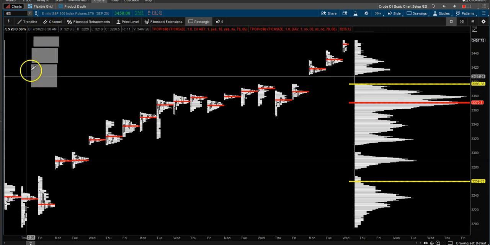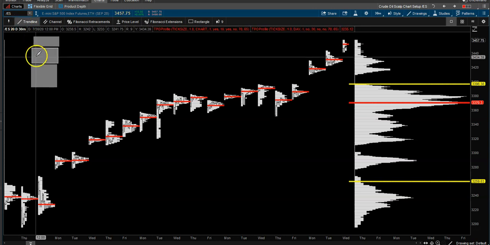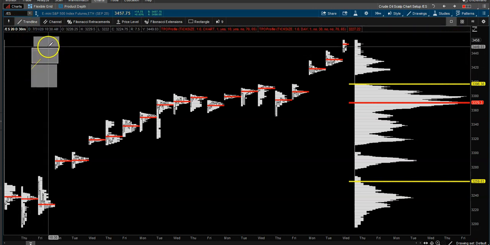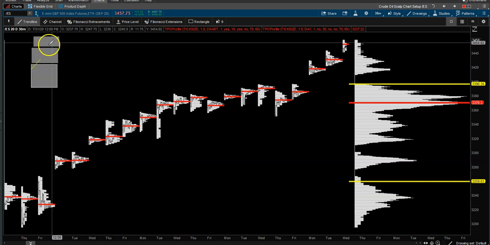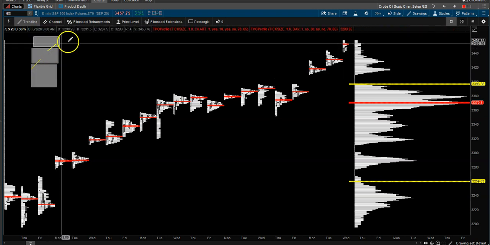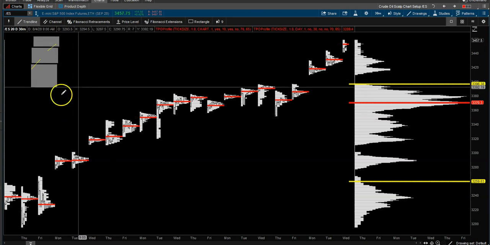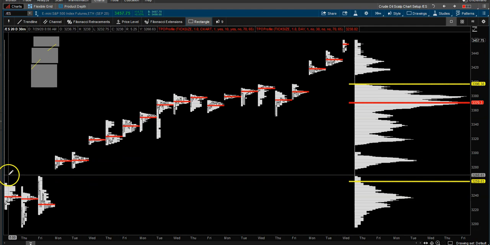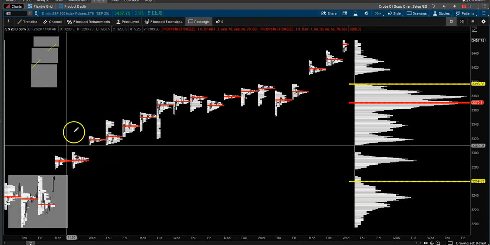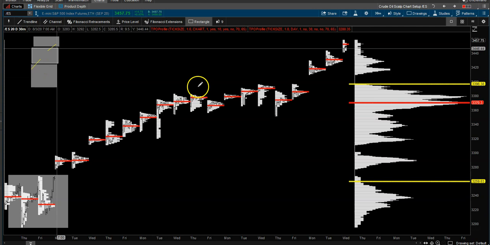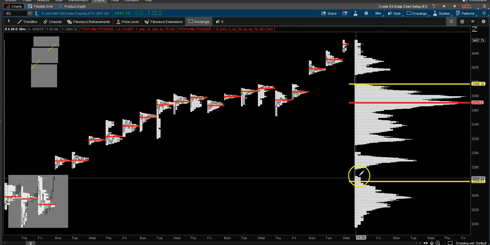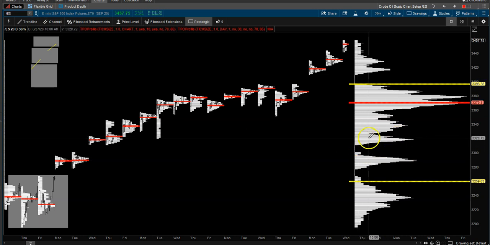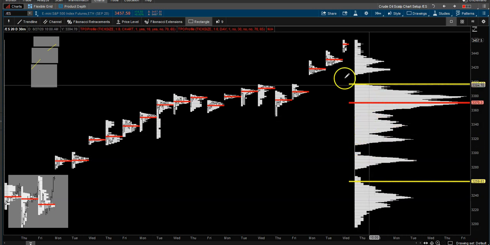To get to each level, you need to take an escalator or stairs, right? So think of it this way for market profile. We'll go from balance to excess, back to balance, to excess, to balance, to excess, to balance, and so on.